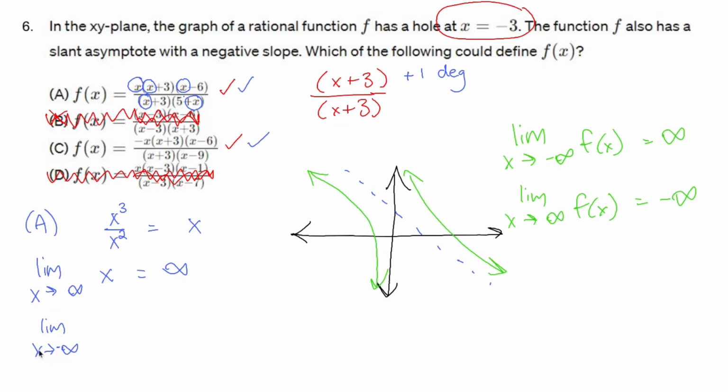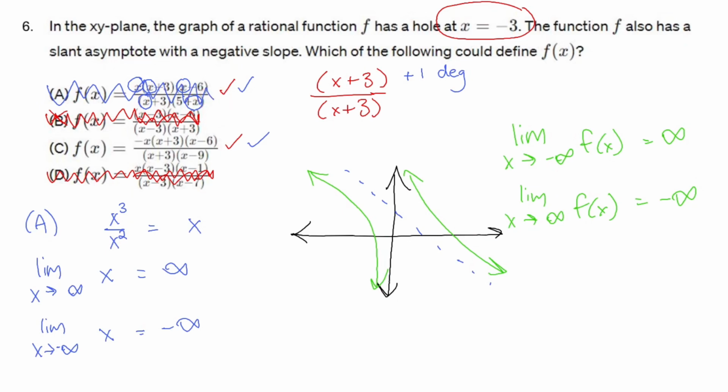And as x approaches negative infinity of x, plugging in negative infinity for x gives you negative infinity. So with A, the limit as x approaches infinity is infinity. That's the opposite of what we want, so that is a positive slant asymptote. A is not going to do it.